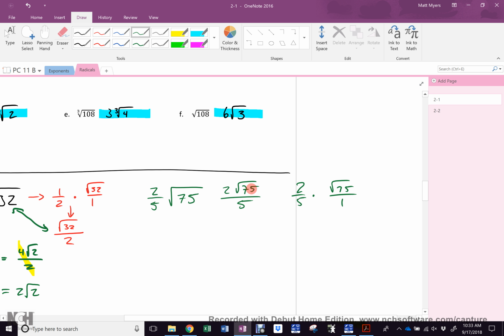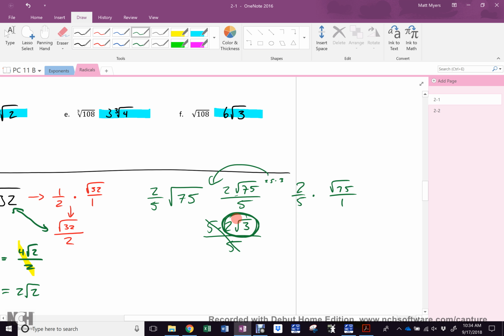Okay? So, of course, this is 25 times 3, right? What's the square root of 25? So what comes out? 5. So what I really have here is 5 times 2 root 3 over 5. Well, what happens with the 5s? Cancel out, and there's my final answer.